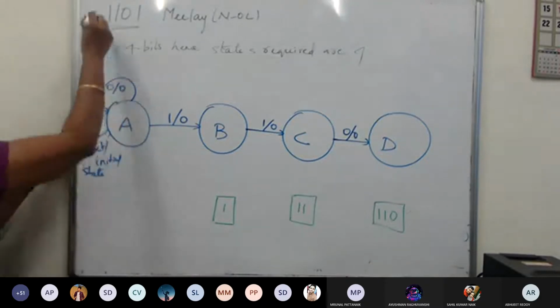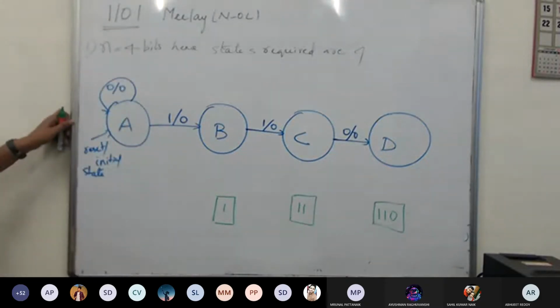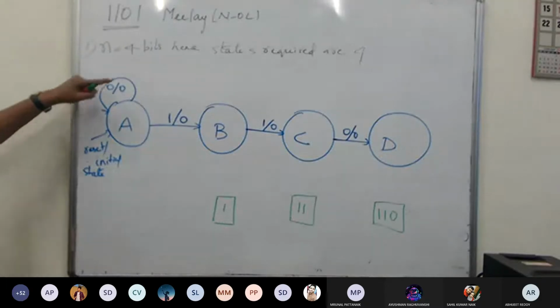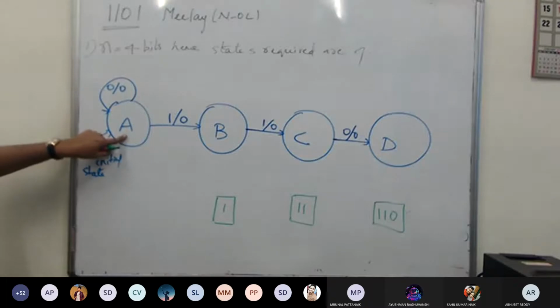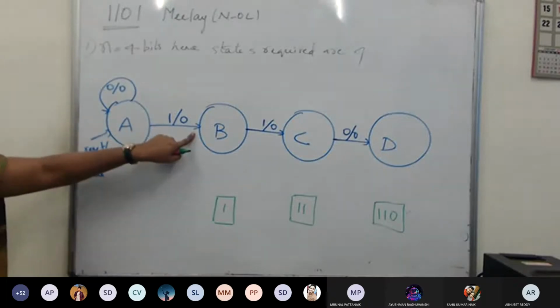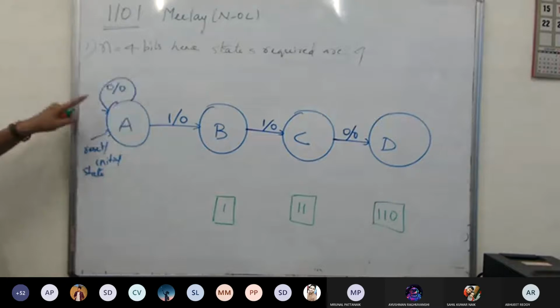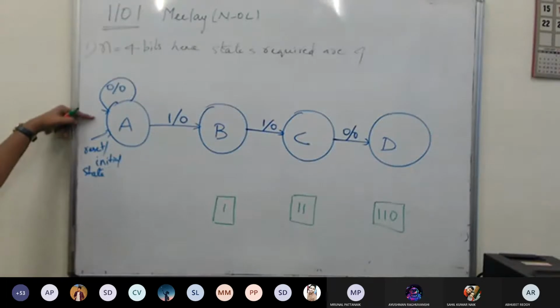Because 0 is not our prescribed sequence. So reset there itself, don't move forward. So now state A has 2 parts: 1 means it moves forward, 0 appears, it stays back. So is A done? If yes, please say yes. At least 1 or 2 can tell. Yes, ma'am. Right.